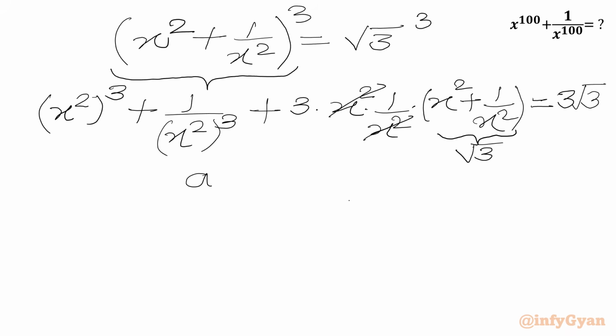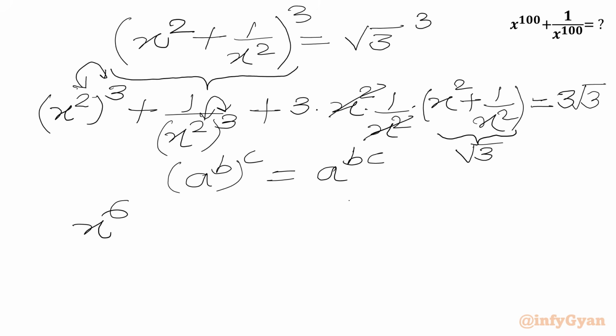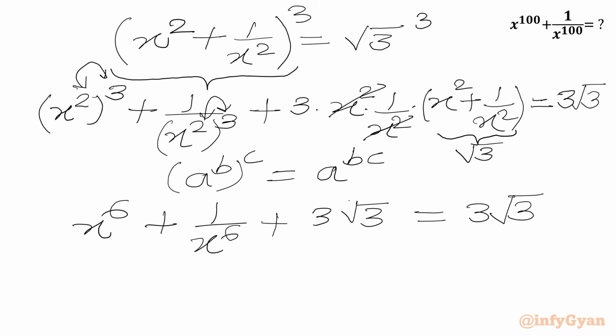We will use the power rule. a power b whole power c will be equal to a power b times c. So we can multiply these two powers here and here also. So we will get x power 2 times 3 is 6 plus 1 over x power 2 times 3 is 6 plus 3 times square root 3 equal to 3 times square root 3.